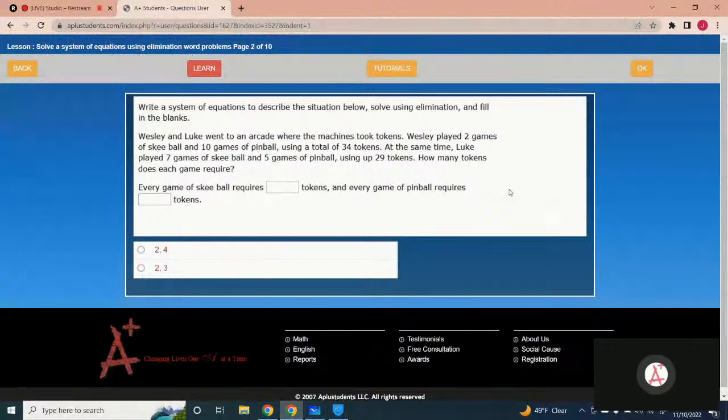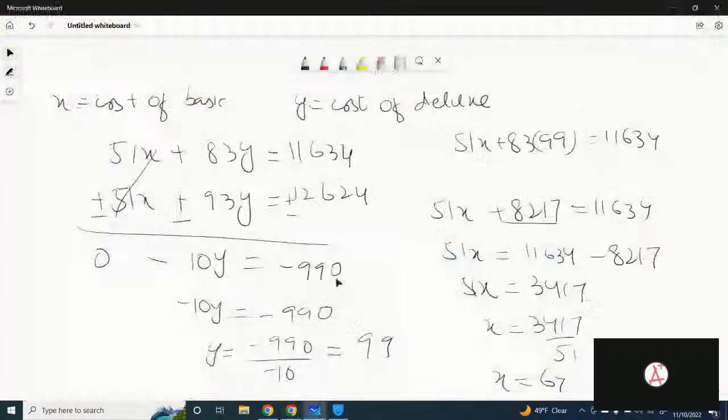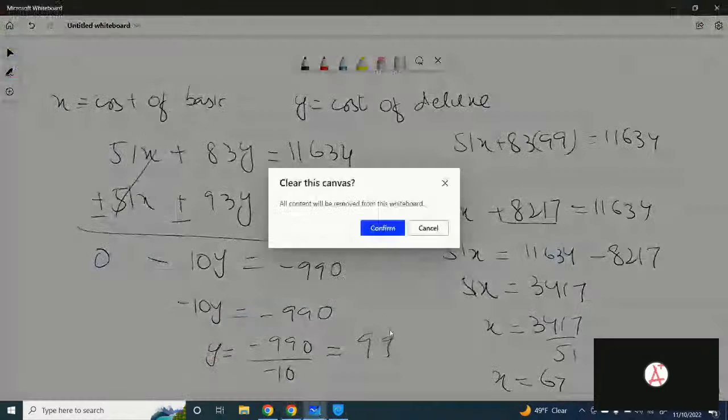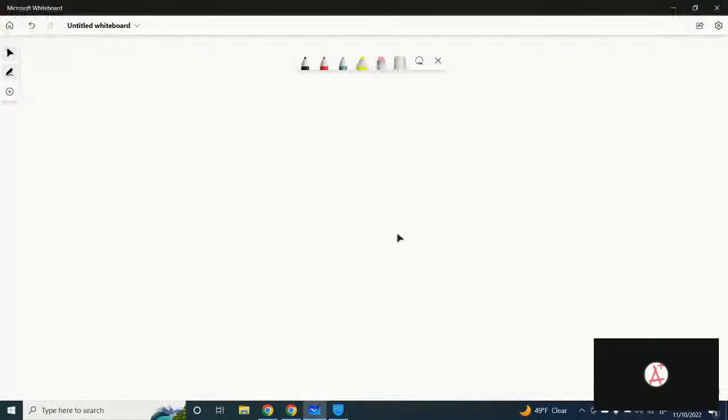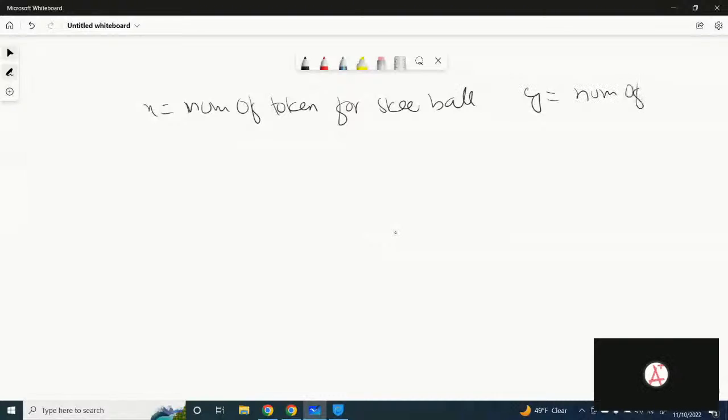Got it? So let's suppose X is for skee ball. X is the number of tokens required for skee ball and Y is the number of tokens for pinball.